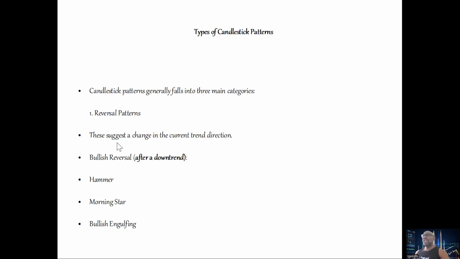Now, reversal pattern suggests a change in the current trend direction. Like I explained, for example, if a trend has been bearish, then it will now want to turn to become bullish. That is a bullish reversal after a downtrend.